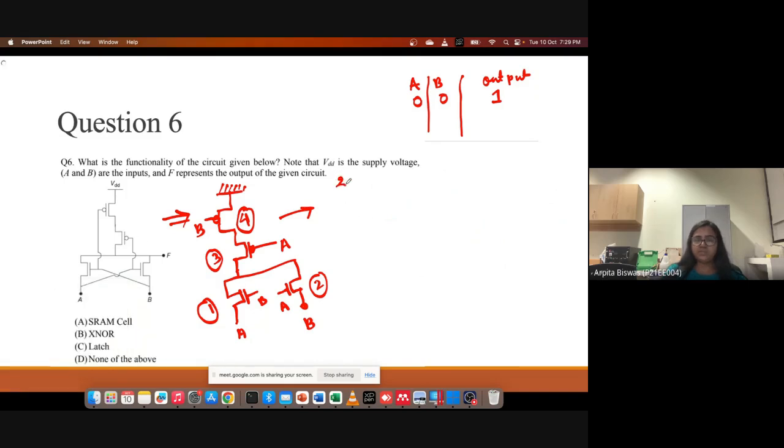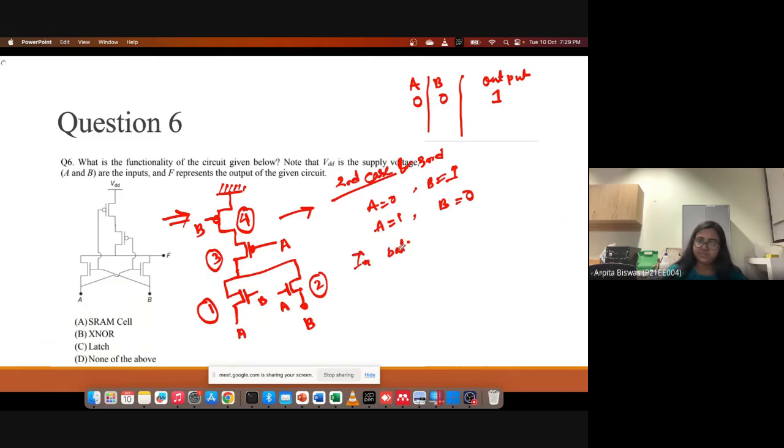So what will happen in the second case? Now, second and third: A equal to 0 and B equal to 1, or A equal to 1 and B equal to 0. So what happened in that case?